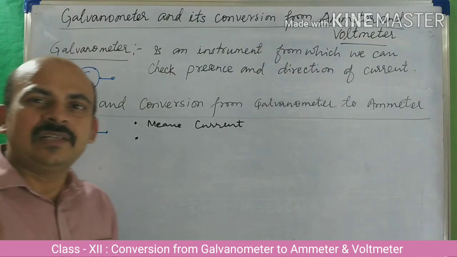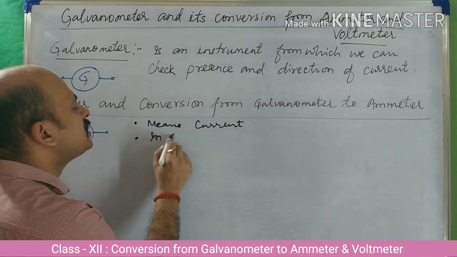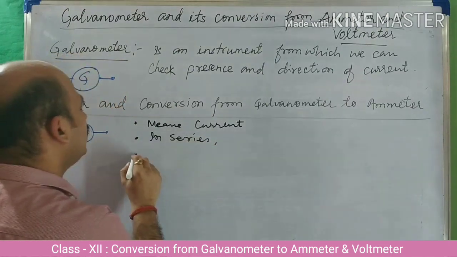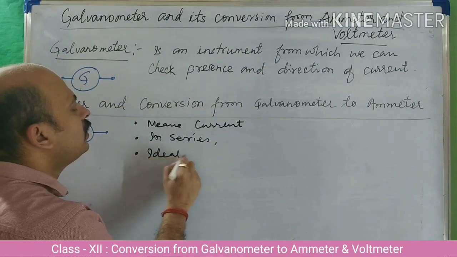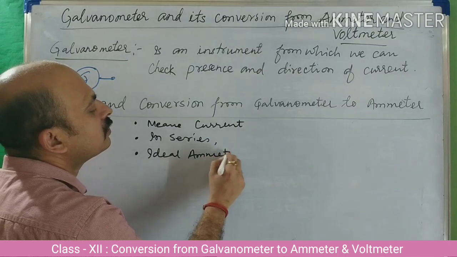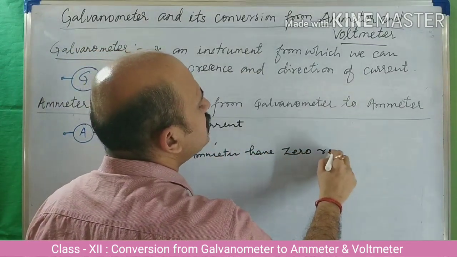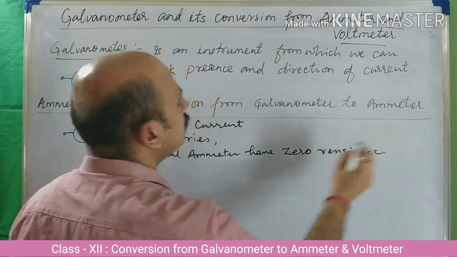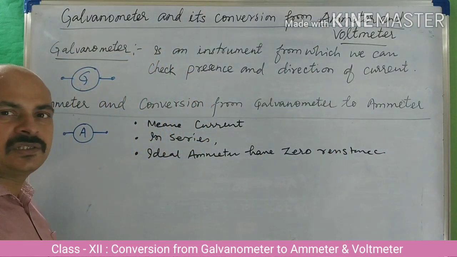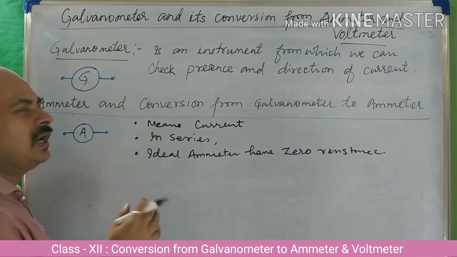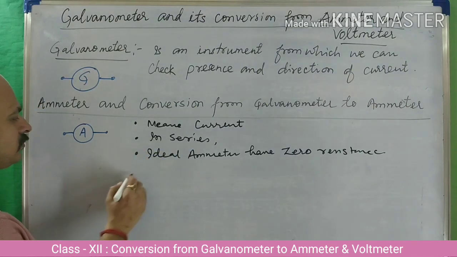An ammeter is a device that should be connected in series, and an ideal ammeter has zero resistance. How will you convert that?